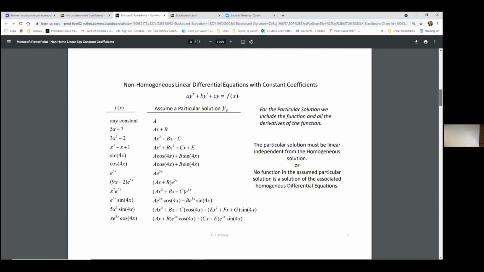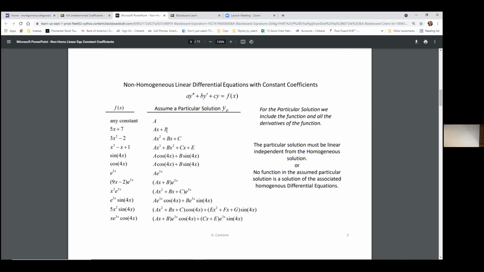Now here are some different examples. If this function f of x was x squared plus 7, you're going to assume whichever the highest power of x. When you've got a polynomial, like here we just got a first order, you can assume ax plus b.